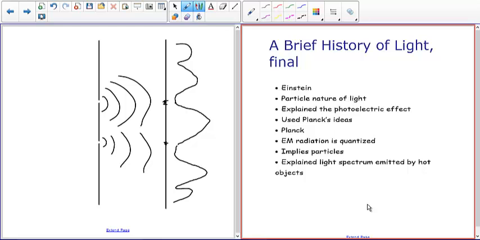But ultimately, this guy, Max Planck, used Einstein's ideas to explain why certain elements emit or absorb certain wavelengths.